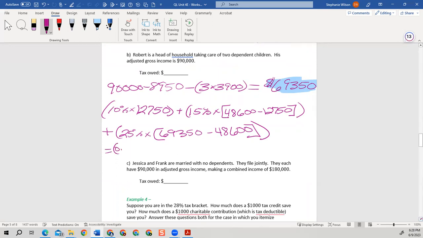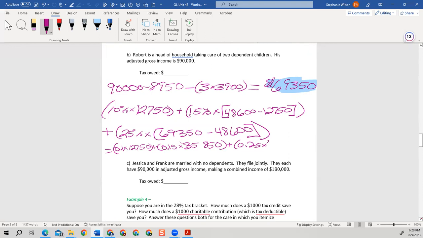So now we have 0.1 times that 12,750 plus that 0.15 times the difference. Let's see, 48,600 minus 12,750, which is 35,850, plus 0.25 times 69,350 minus that 48,600.